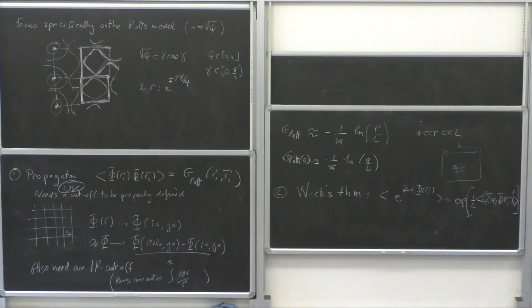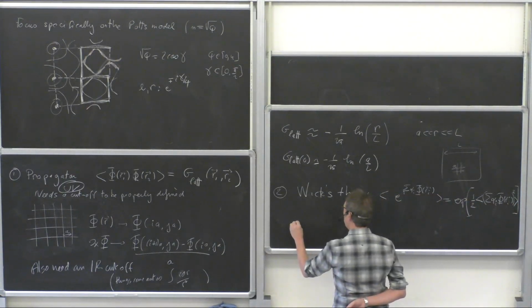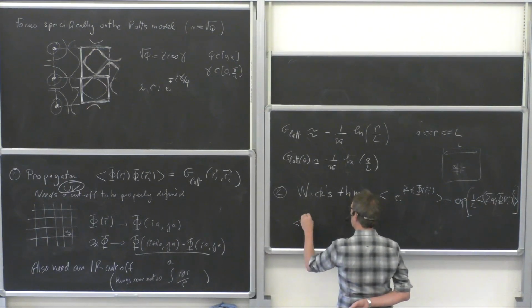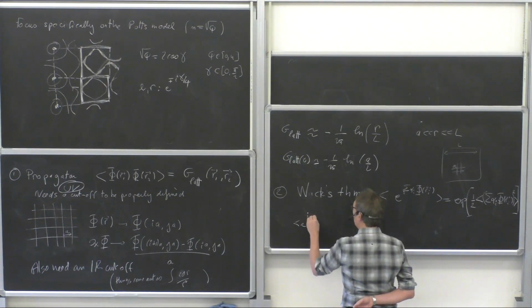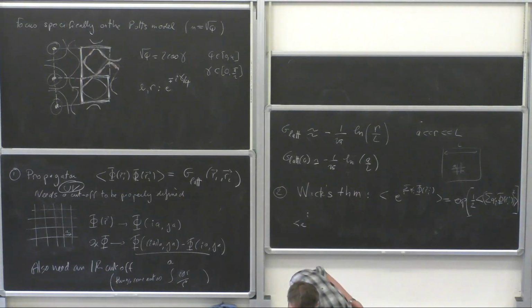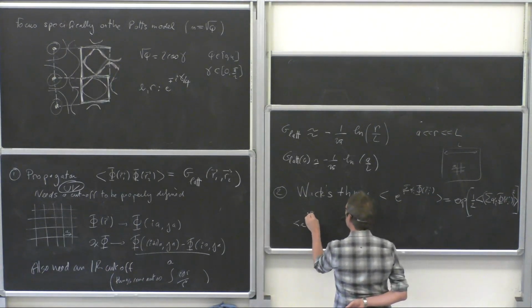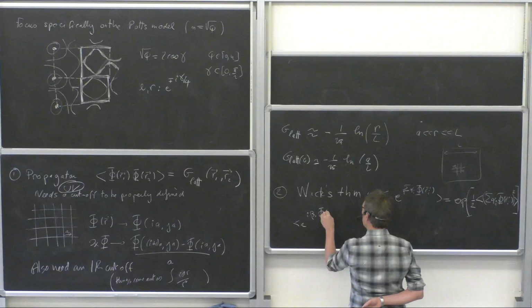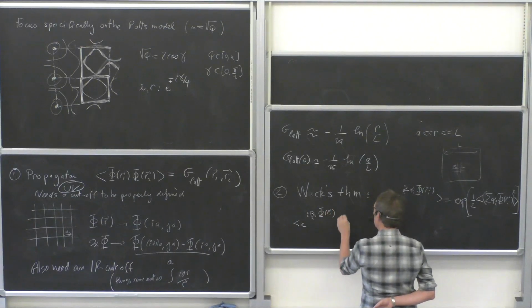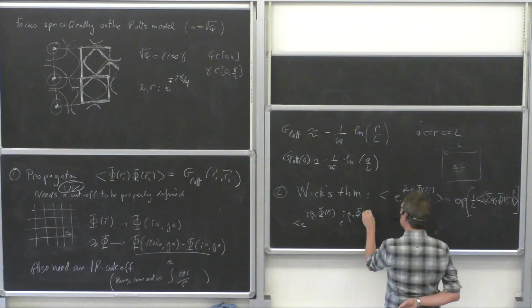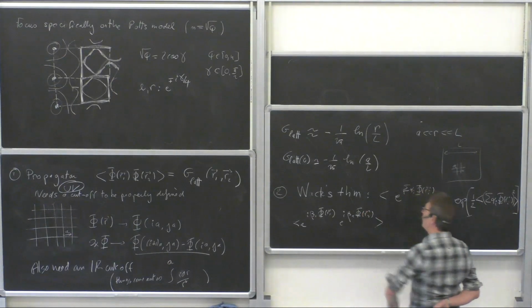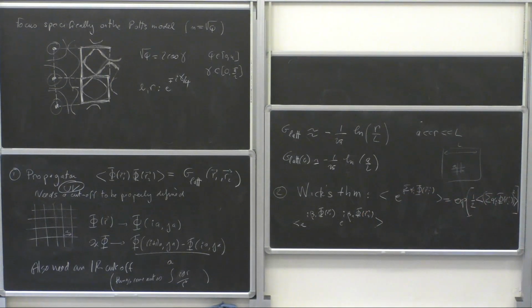Okay? Let's illustrate things immediately. Average of exponential i, so now I'm putting an i, how did I call this? Beta. Beta 1 phi of R1, e to the i beta 2 phi of R2. Okay, this average, I use my Wick's theorem.